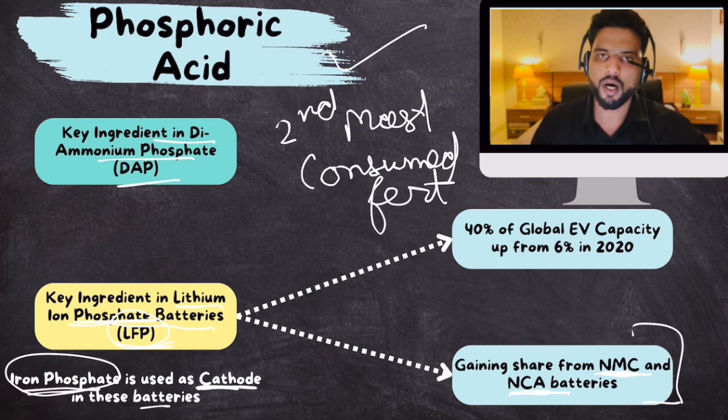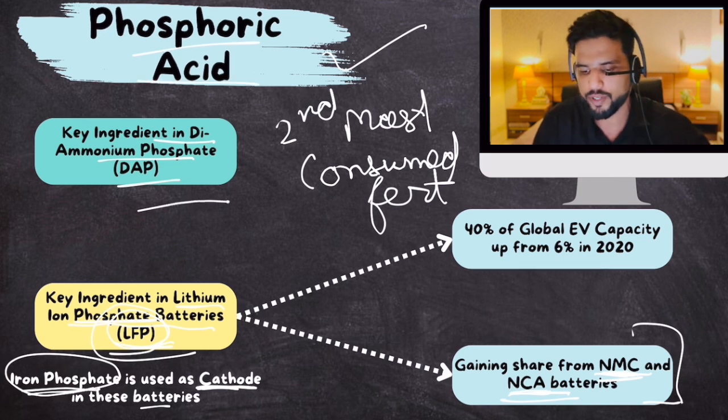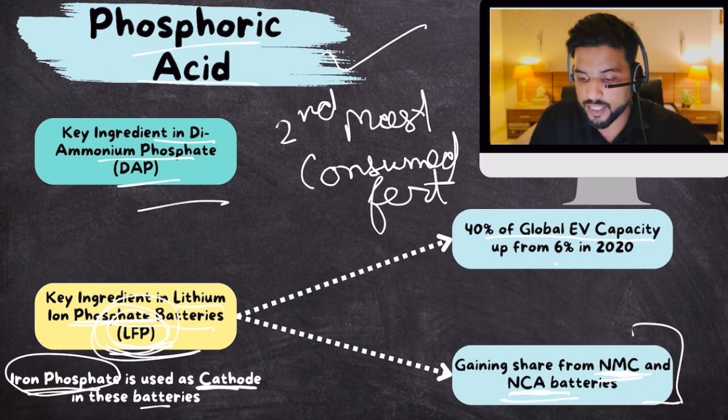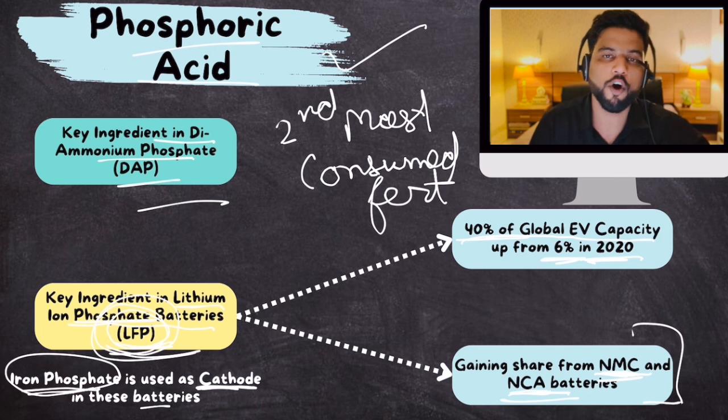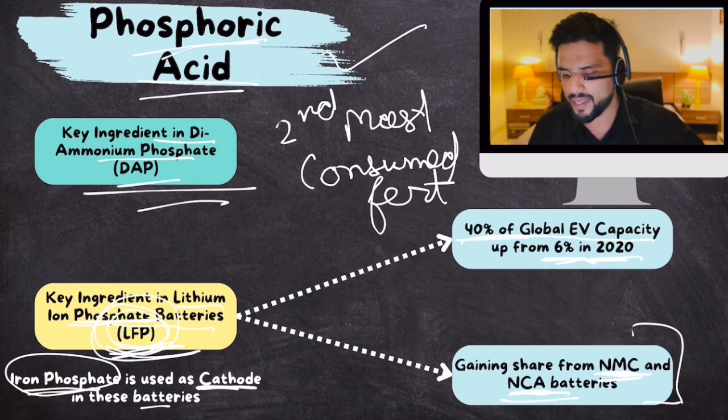So earlier electric vehicles were powered by NMC and NCA batteries, but now they're using LFP batteries, and a key ingredient of LFP batteries is phosphoric acid, which is important for fertilizer. In fact, it is said 40% of global EV capacity is now based on LFP batteries. This was 6% back in 2020, but now 40% of demand for batteries for electric vehicles comes from LFP, and LFP requires phosphoric acid. But phosphoric acid is important for DAP.